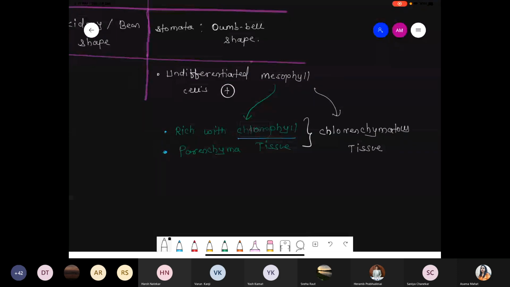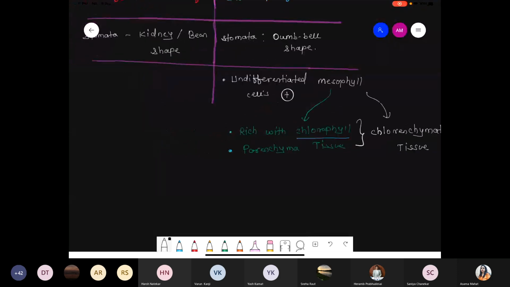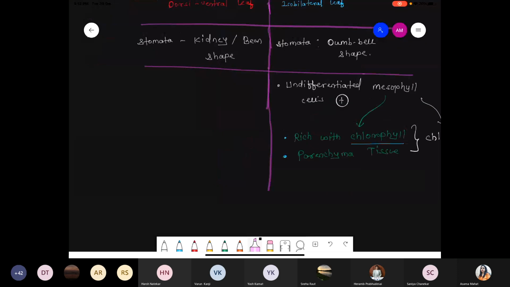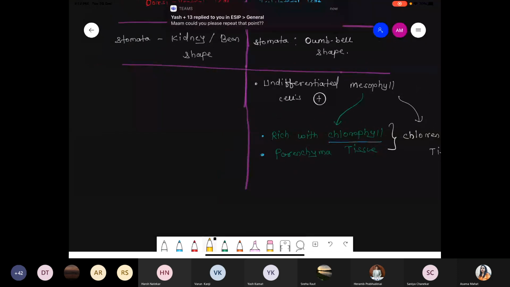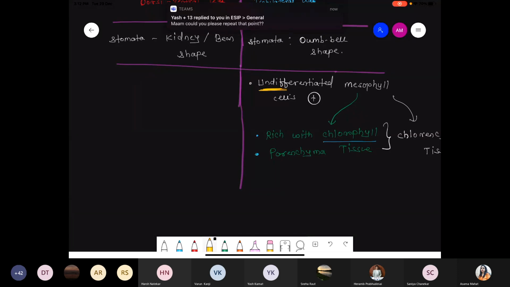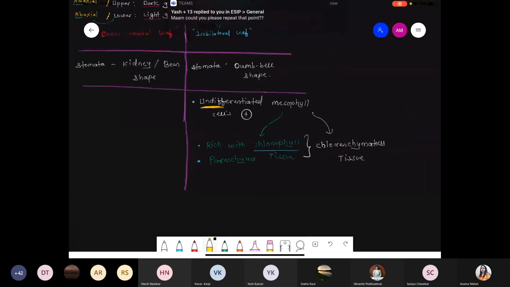Got it? So mesophyll cells leaf में present होंगे, specifically they are present in leaf, rich with the chlorophyll, and obviously they are parenchymus tissue, living है, cell wall basically thin. And in this point of view, undifferentiated. Yash, okay. See, listen, undifferentiated means whatever the mesophyll cells are present, they are equal in size, they are having same number of the chloroplast, or they are living.